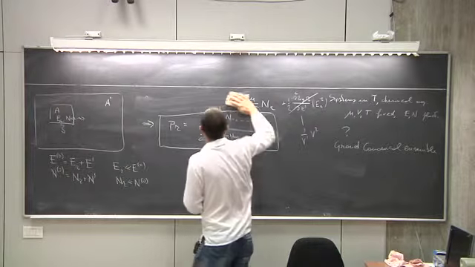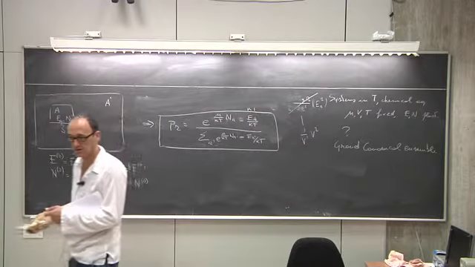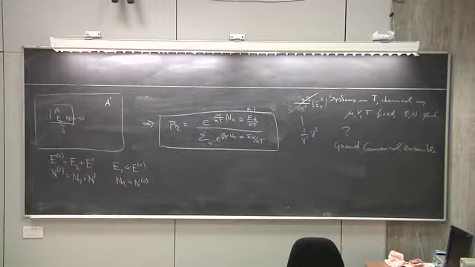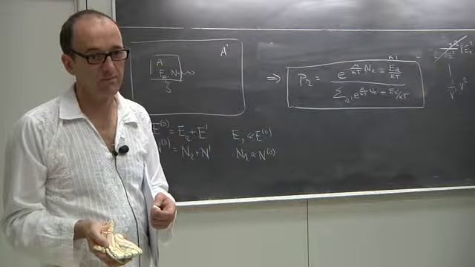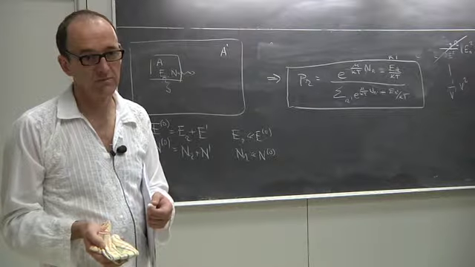We start by saying that the probability is proportional to the probability for the heat bath having energy E0 minus ER. Can we write an expression for the proportionality?